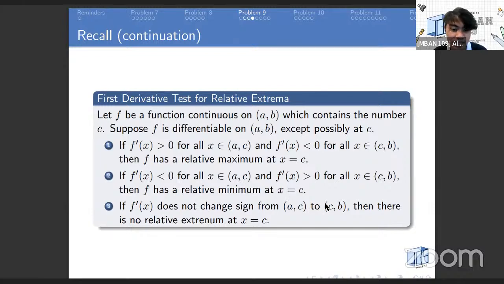Kapag hindi naman nag-change ng sign from the first interval to the second interval, kunwari negative siya sa a to c at negative din siya sa c to b, then there is no relative extremum. Pwede naman positive siya sa a to c, tapos positive din siya sa c to b, then wala rin siyang relative extremum at x equals c.